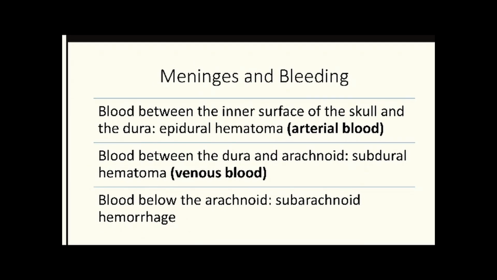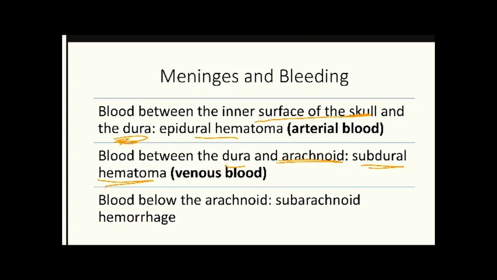Blood between the inner surface of the skull and the dura: epidural hematoma. An epidural hematoma is mainly going to be arterial blood. If we get blood between the dura and the arachnoid space, that's known as a subdural hematoma.